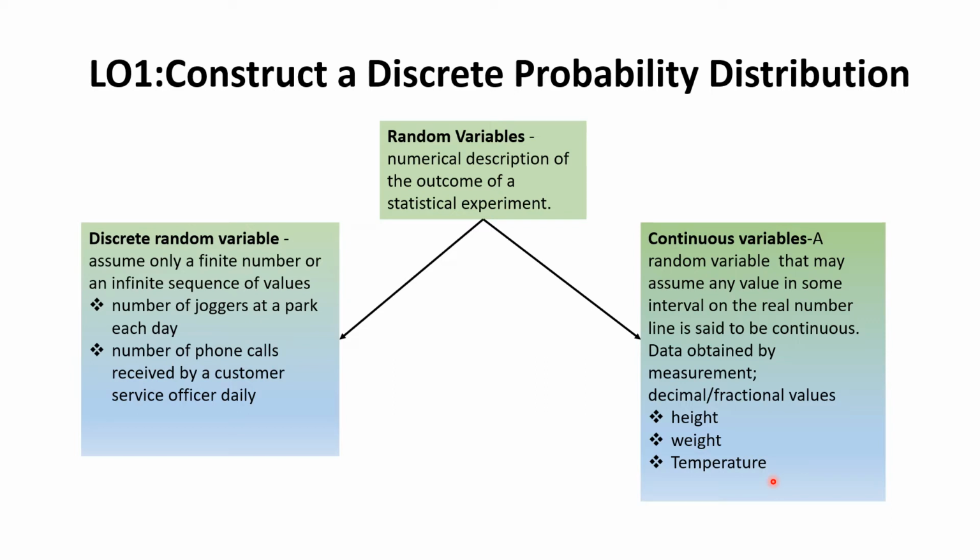So height can be 165.5 cm, weight can be 75.5 kgs, and temperature can be 69.9. That's why it's called a continuous variable. Whereas a discrete variable gives you a whole number like 0, 1, 2, 3, 4, 5. So for this chapter, we will just focus on discrete random variables.